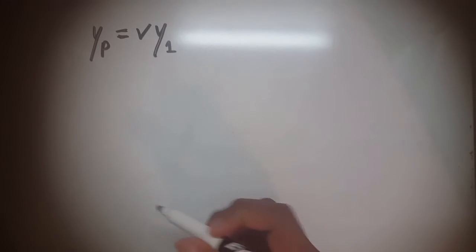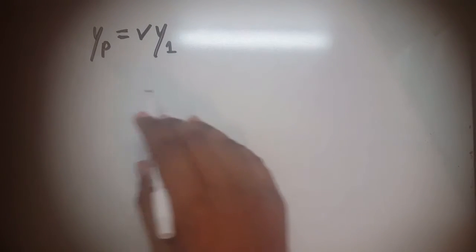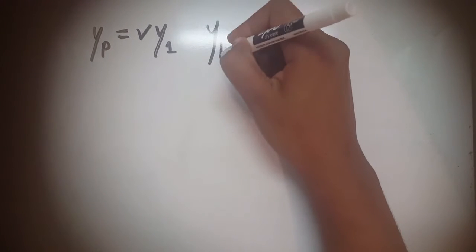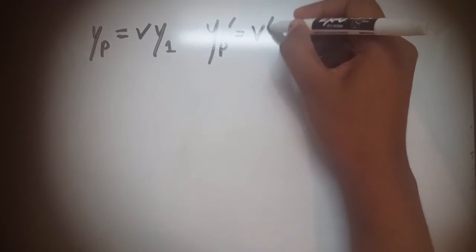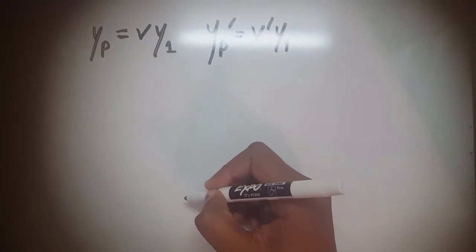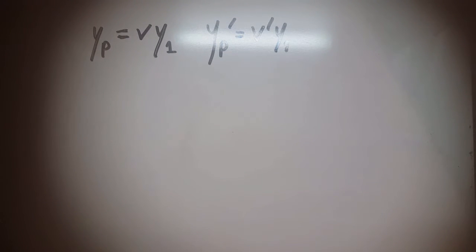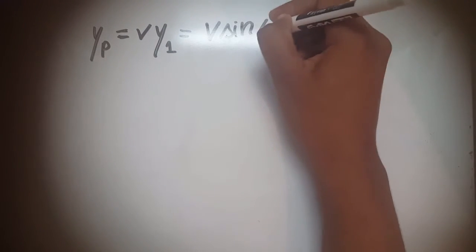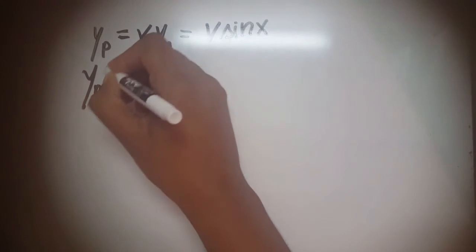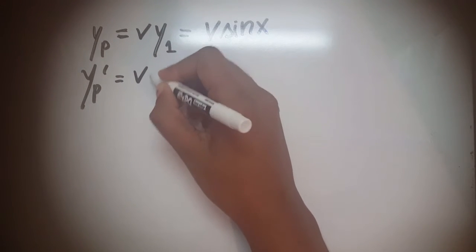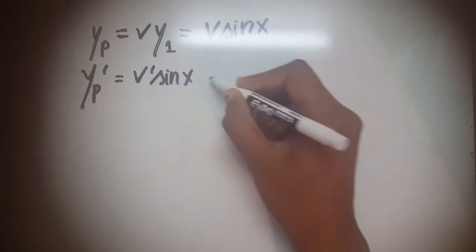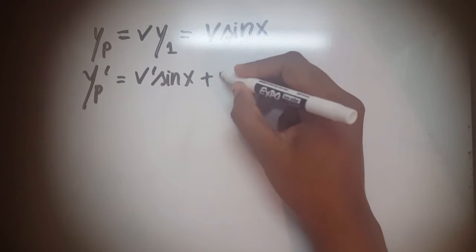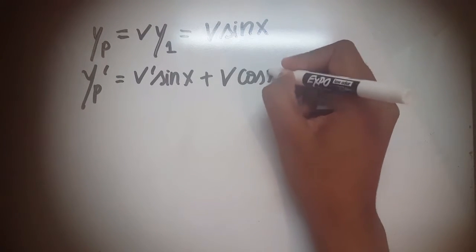They are very closely related, so it will make our calculations way easier. Now let's find the derivatives of y sub p directly. y sub p is v times sine of x. Then y prime of p equals v prime sine of x plus v cosine of x.